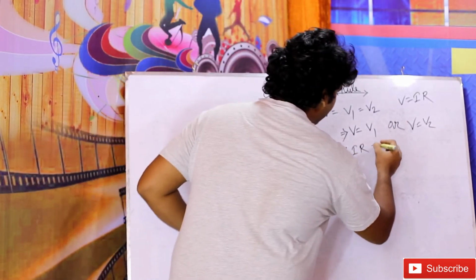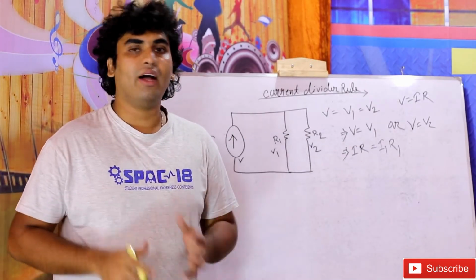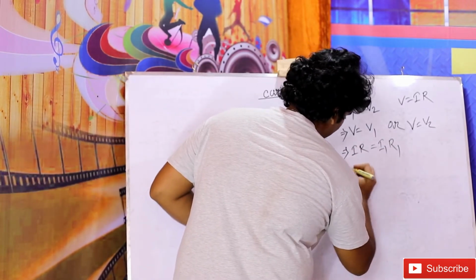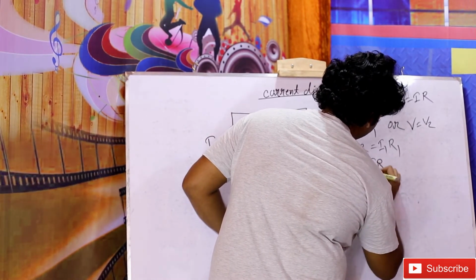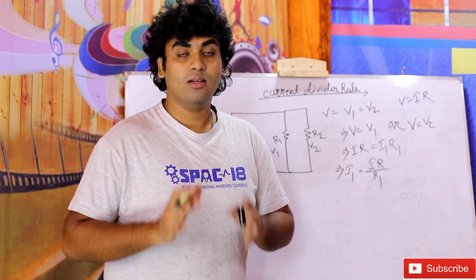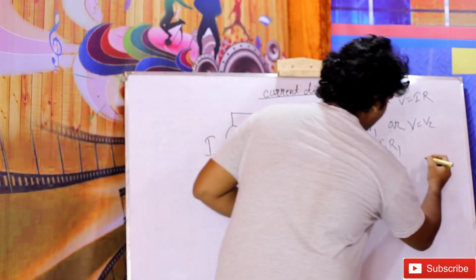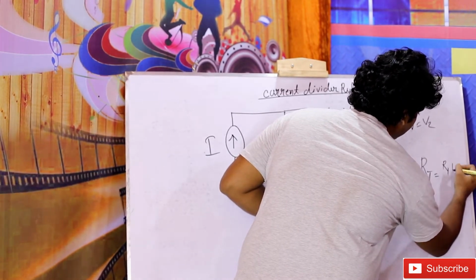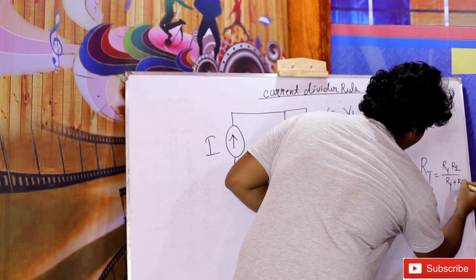Now we can write I1 and R1, and find I1 from this equation. So what do we get? I1 equal to IR divided by R1, where R is the total resistance. For a parallel circuit the total resistance is RT equal to R1 into R2 divided by R1 plus R2.